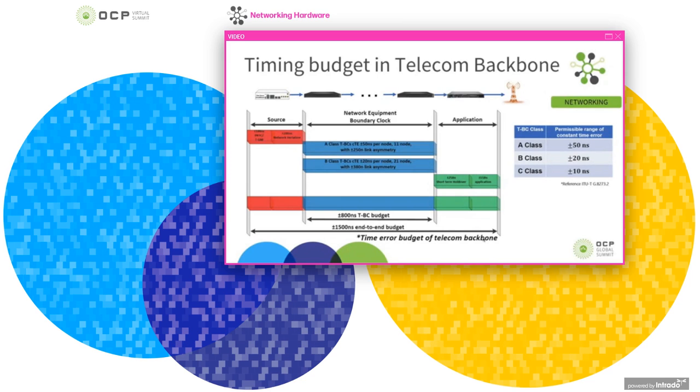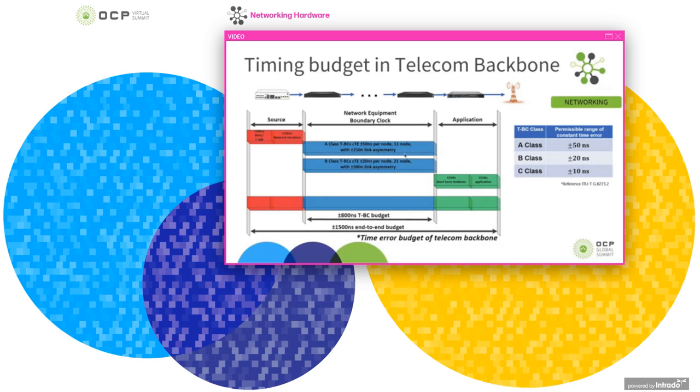In the source section is 100 nanoseconds for PRTC and Telecom Grandmaster, with 200 nanoseconds networking variation. On the right-hand side is the application section. It has 215 nanoseconds for short-term holdover and 115 nanoseconds for application.